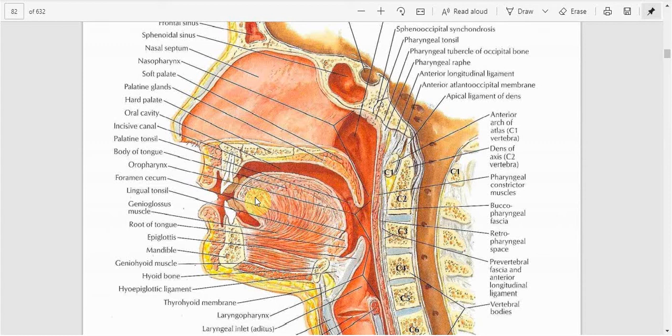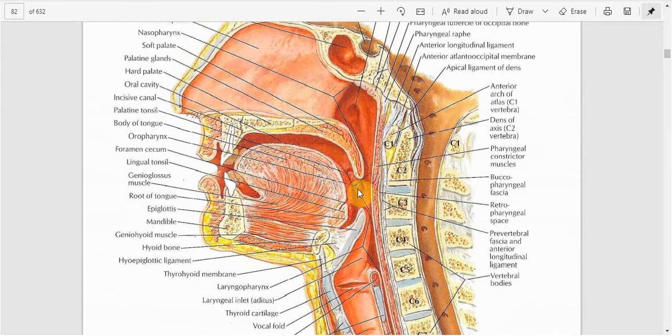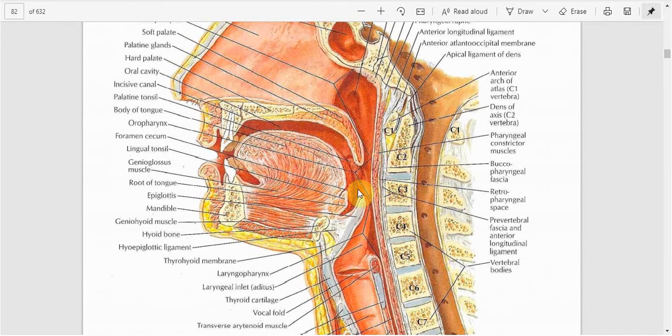So the tongue propels the bolus of food into the rear of the mouth and then into the pharynx. What is the pharynx? All of this is the pharynx, right? And this is the opening of the mouth into the pharynx, right? So I'm hoping that these visuals are helpful to you. Now I'll come back to the flow chart.